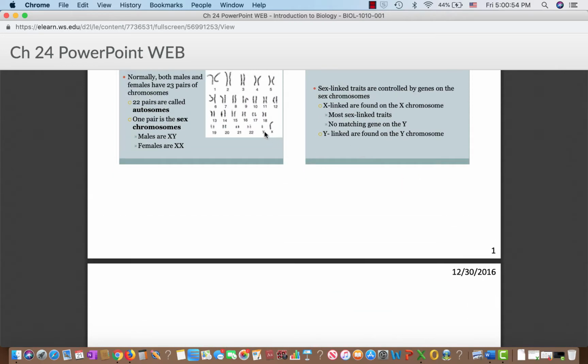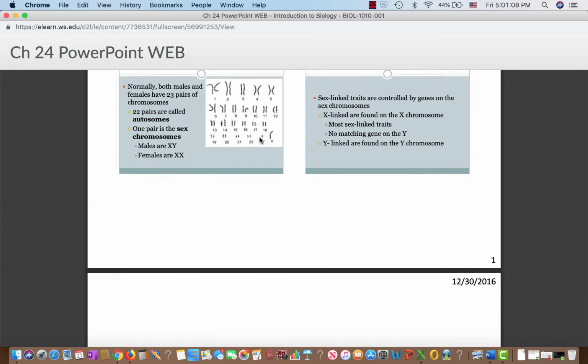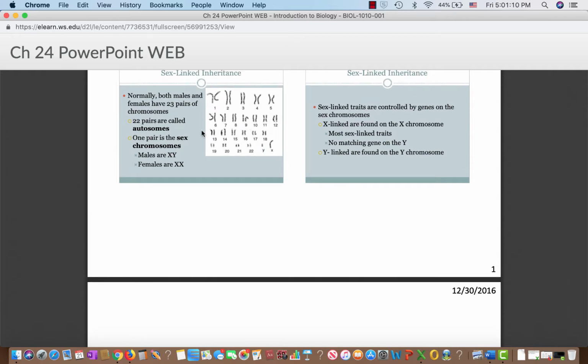You can see right here in the diagram, the X chromosome is almost the same size as, or bigger than, the majority of your somatic chromosomes, and the Y is the tiniest. Because again, everything you need to make a male is on these other chromosomes. You just need a couple of genes to activate that circuitry, basically.